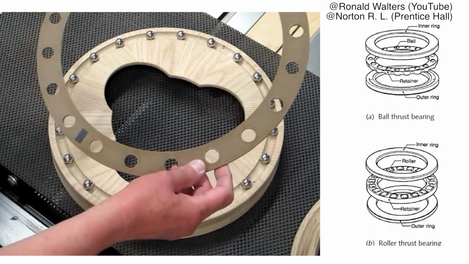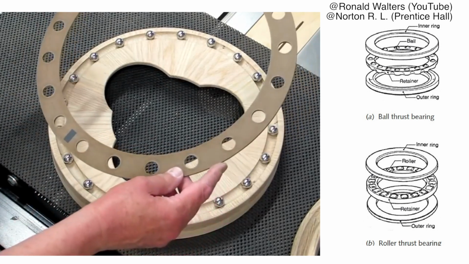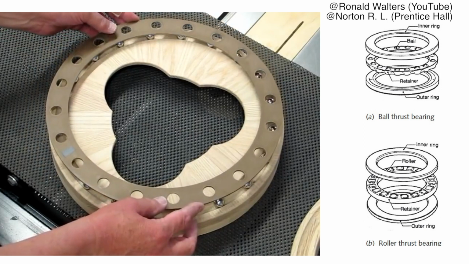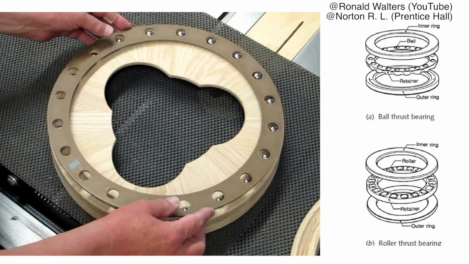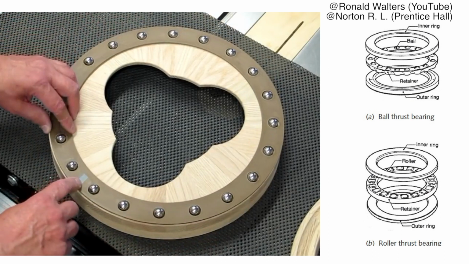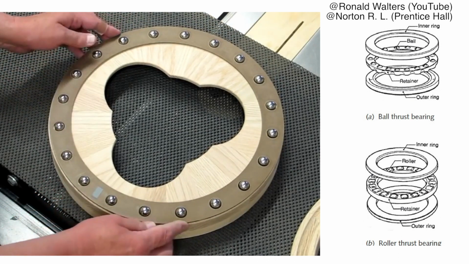A thrust bearing is designed to support a thrust or axial load. 2 common types of thrust bearings include ball thrust bearings and roller thrust bearings. In ball thrust bearings, the rolling elements are balls.